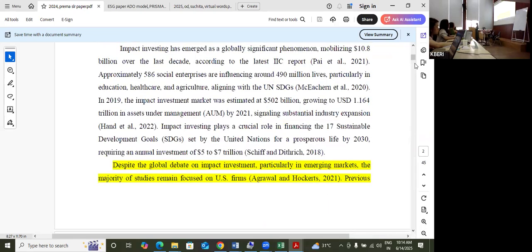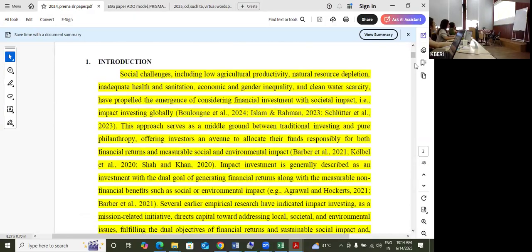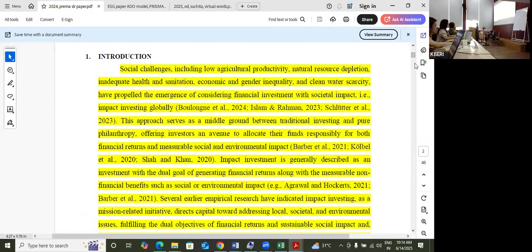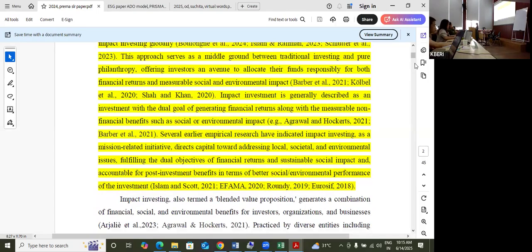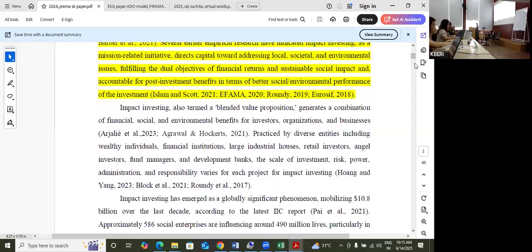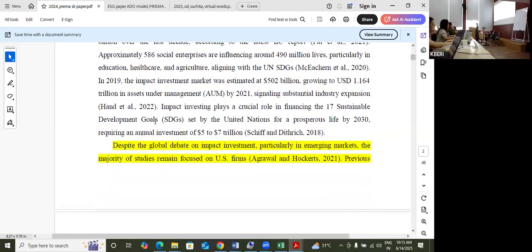This is all the introduction part. I want everybody to pay attention to the board. We have made a lot of revisions in this paper. We have written about the SDGs and the UN, and what they are doing about impact investing.